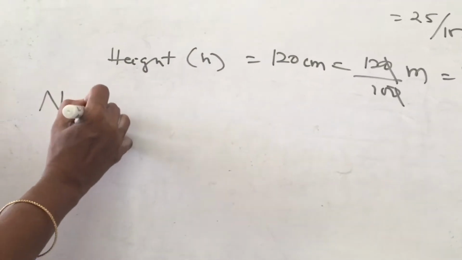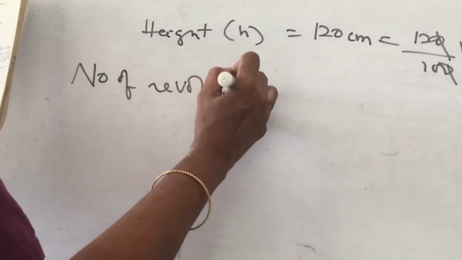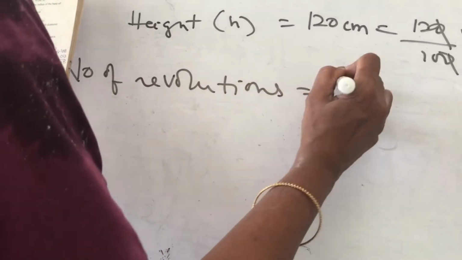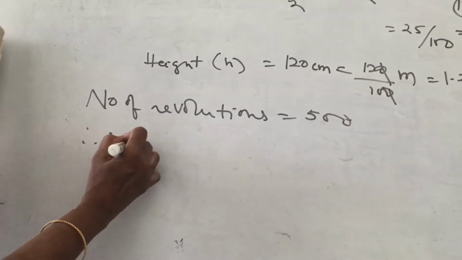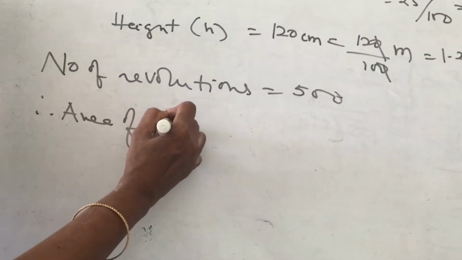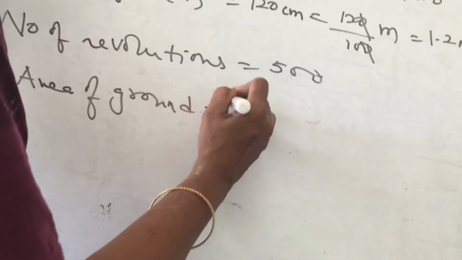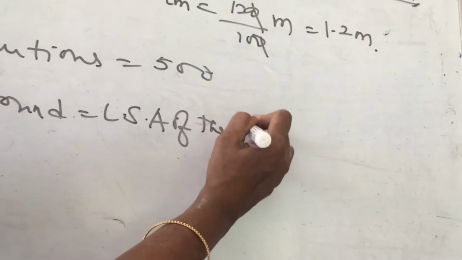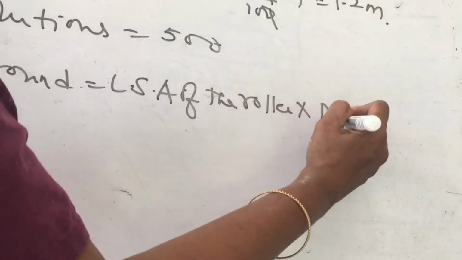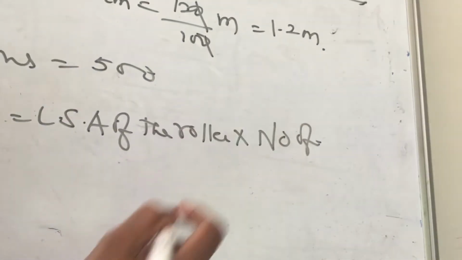Number of revolutions the roller has made. How many revolutions did the roller make? 500. Therefore, area of the ground. The area of the ground is LSA of the roller into number of revolutions.